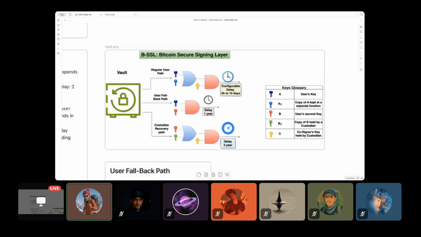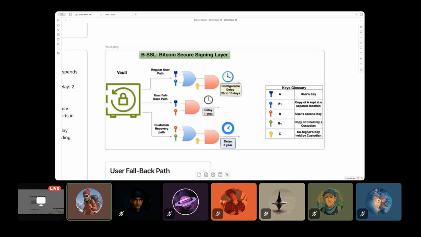And the second one is the fallback path, where the user can spend with A and B. That means A or A1, and B. The importance of this path is that it doesn't require a custodian.